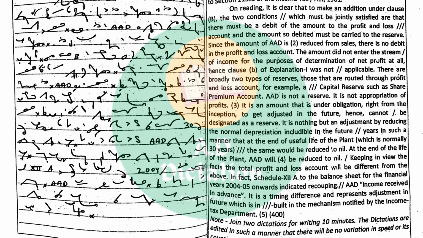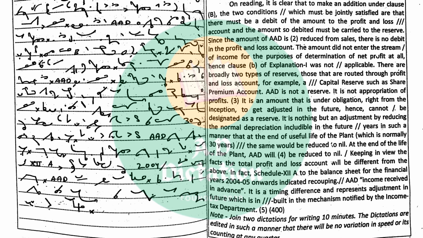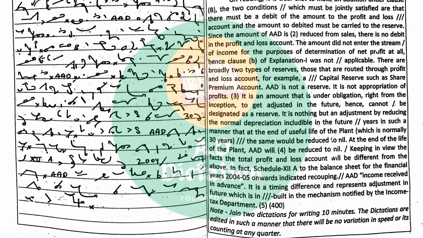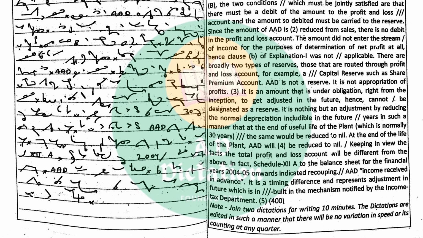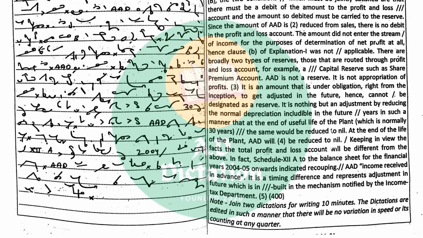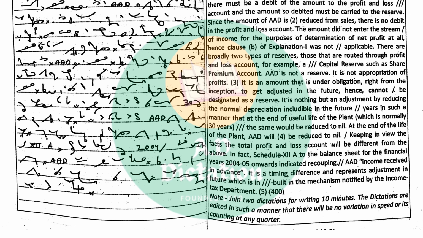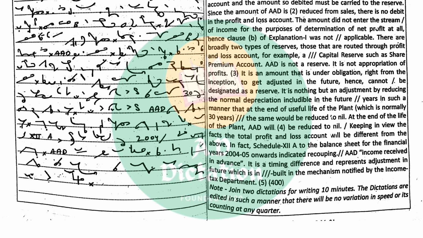It is nothing but an adjustment by reducing the normal depreciation includable in future years in such a manner that at the end of the useful life of the plant, which is normally 30 years, it would be reduced to nil. Keeping in view the facts, the total profit and loss account will be different from the above.